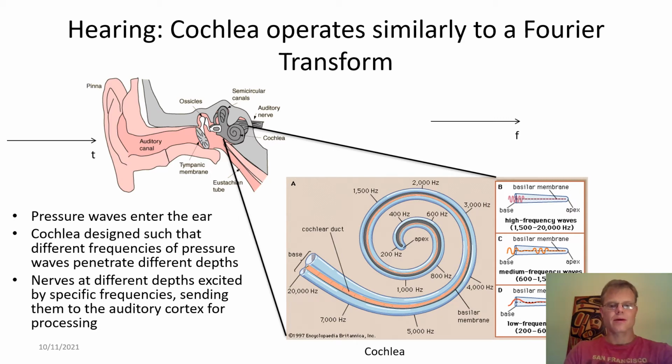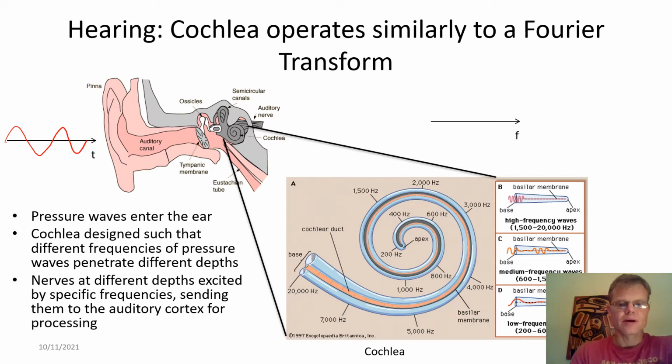So we might have here at the left some pressure waves over time that enter our auditory canal. They go down into the cochlea, and the cochlea is designed such that the different pressure waves will penetrate different depths.